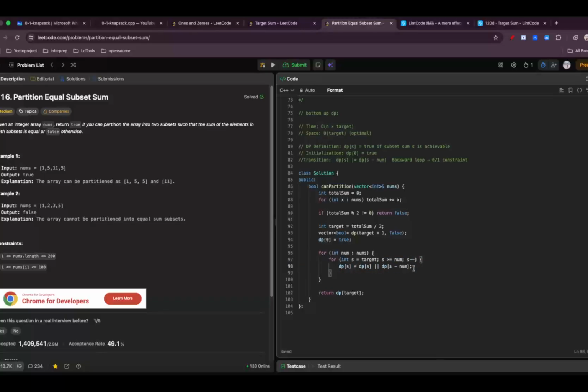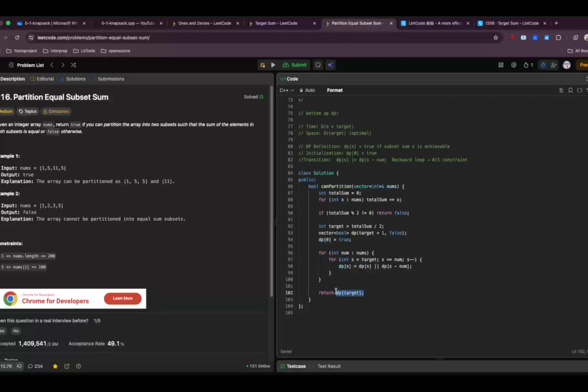Whichever is true gets assigned to the same. At the start everything is false, but if either of them becomes true, then that gets assigned to that sum. And then dp of target will give the answer that yes, it is true, on the basis of this boolean OR.